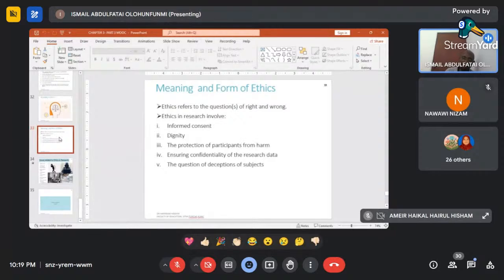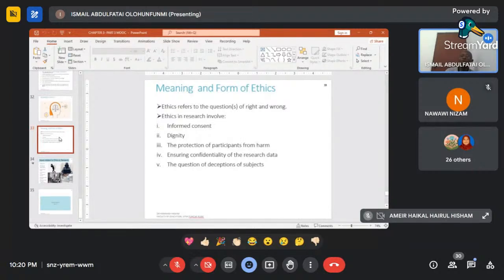That's an aspect of ethics. Ensuring confidentiality of the research data means that the information you collected from the respondent or participant, you must not leak it out. You must not use it to spoil the image of the participant. So you must ensure confidentiality. If you are the type that always talks too much, you must be very careful, because if at the end of the day the respondent finds out that the information he or she gave you has been leaked, that person can sue you and cause problems for you.